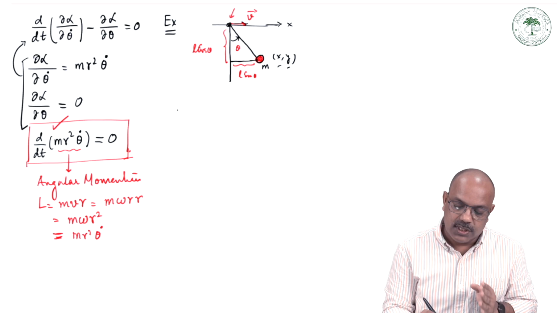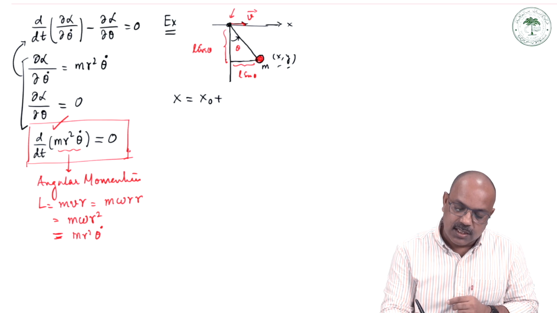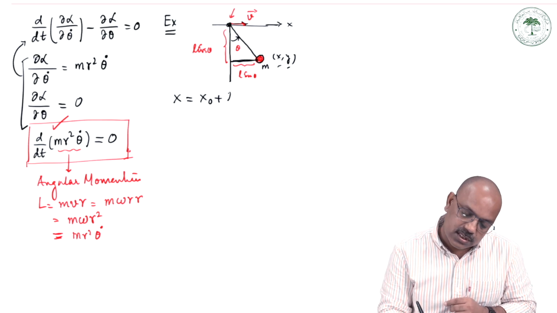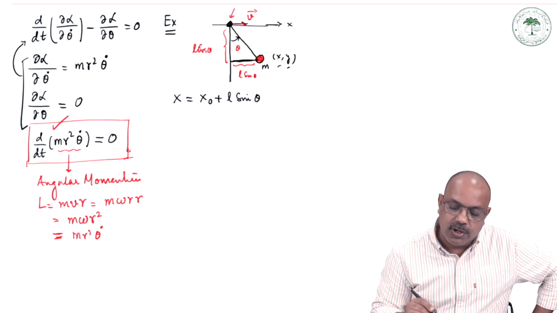So what is x for this going to be? Say some x naught plus this x direction, which is L sin theta, and this x naught is the coordinate of this point.